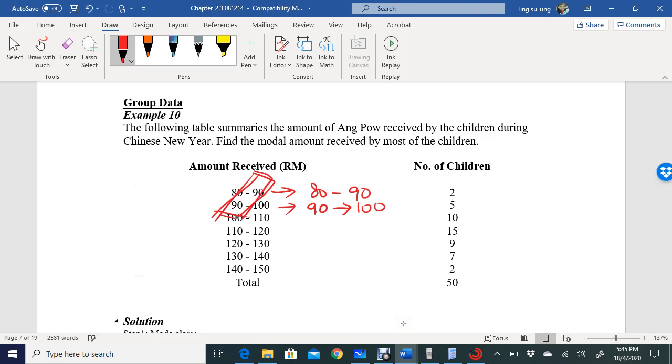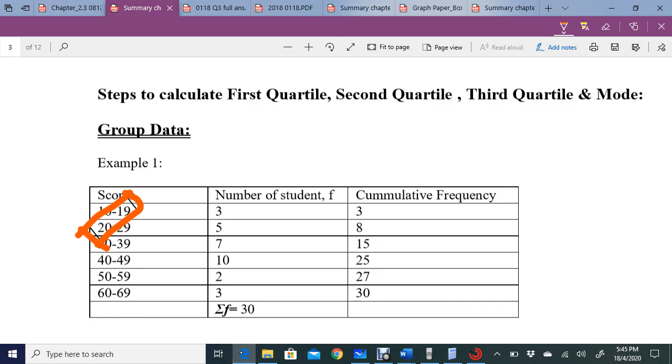But how about this one? Is it the same? No. So the lower boundary and the upper boundary have a 0.5 difference. What does it mean?